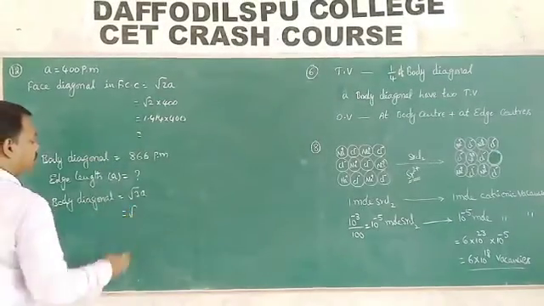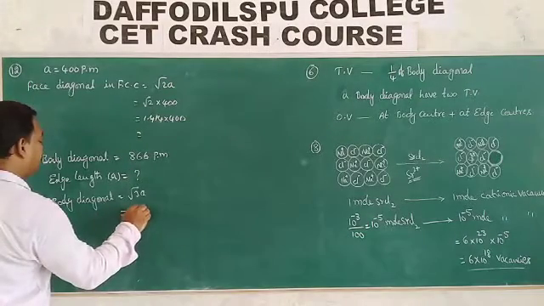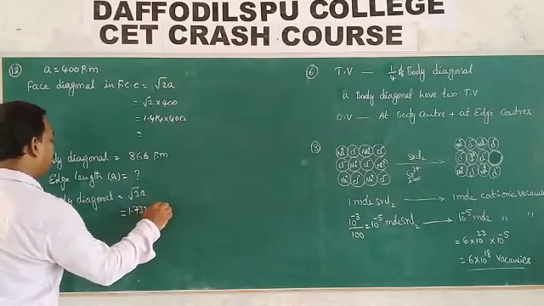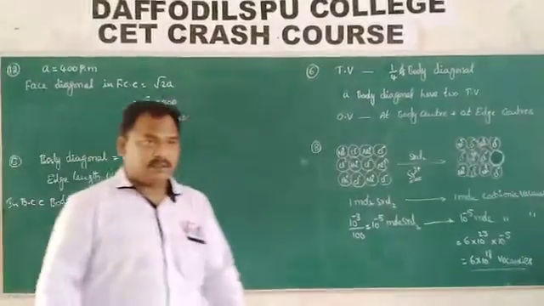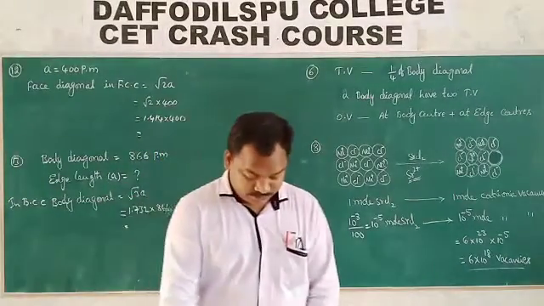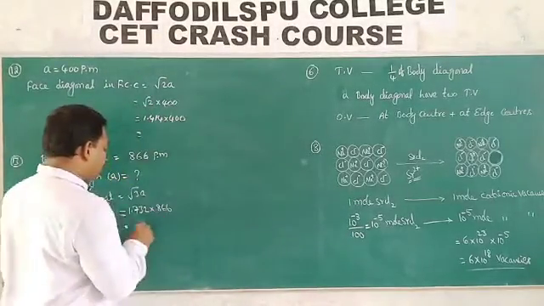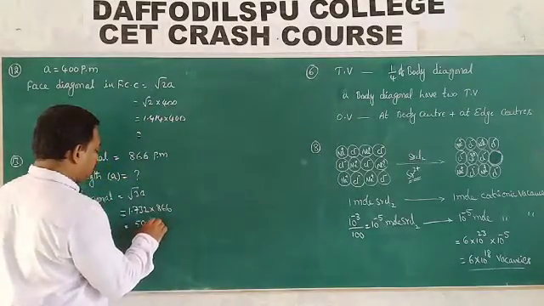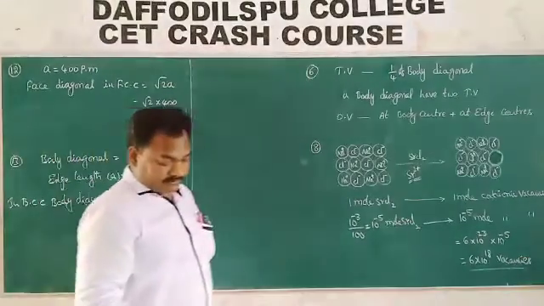Root 3 means 1.732 into 866. So it will come to nearly 500 picometers. So this is about that one.